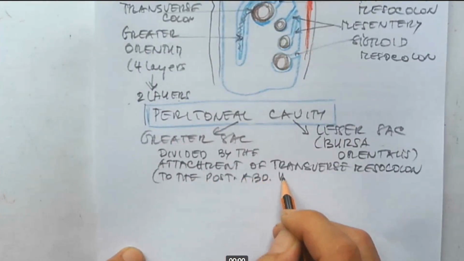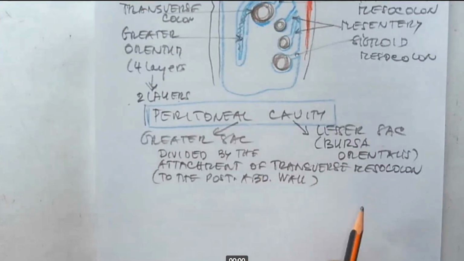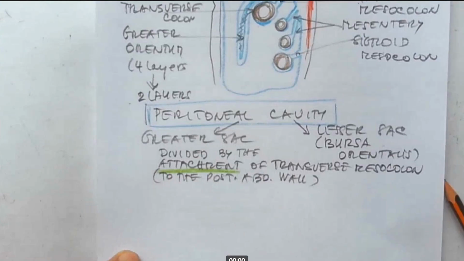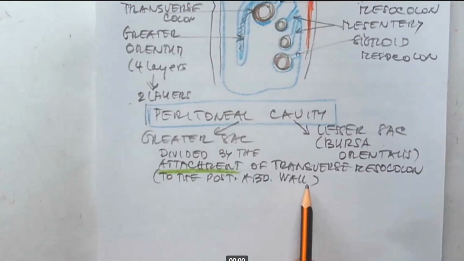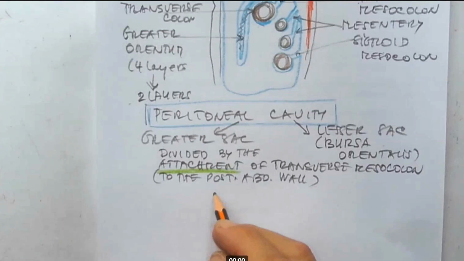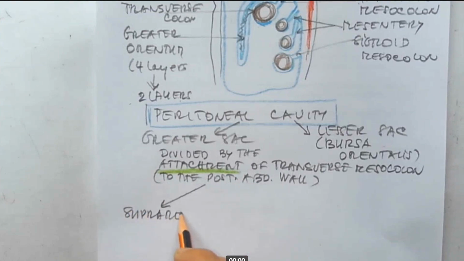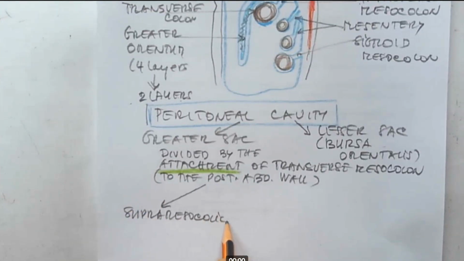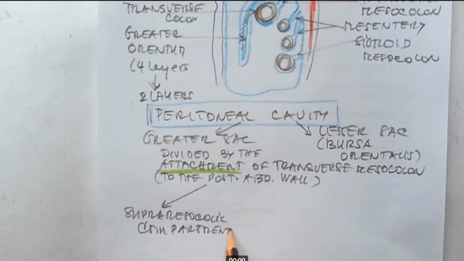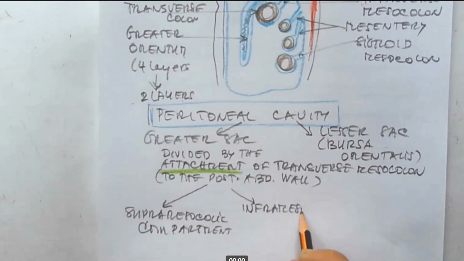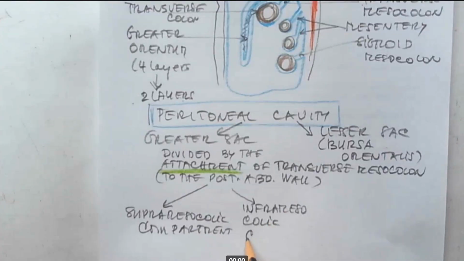abdominal wall, everyone understands. So by the attachment, I would use green to underline this, the attachment of the transverse mesocolon to the posterior abdominal wall into the supramesocolic compartment and the inframesocolic compartment.